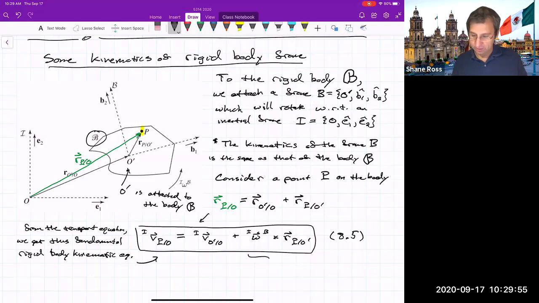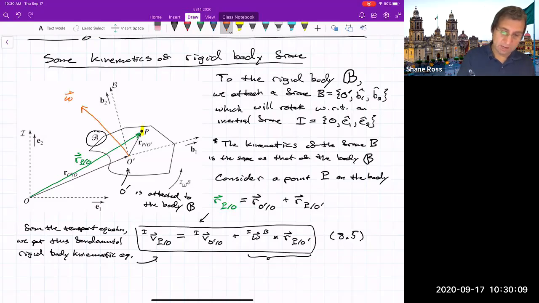So we've got this part that's due to just the translational motion. And we've mentioned this angular velocity. The body has some angular velocity vector with respect to the inertial frame. That's instantaneous.